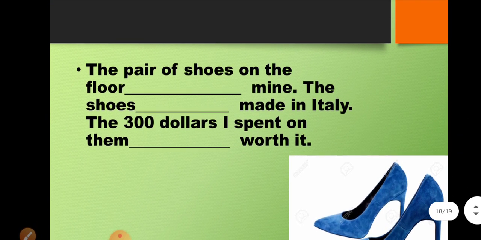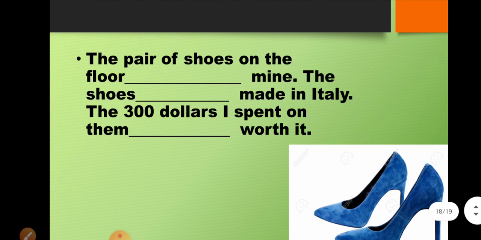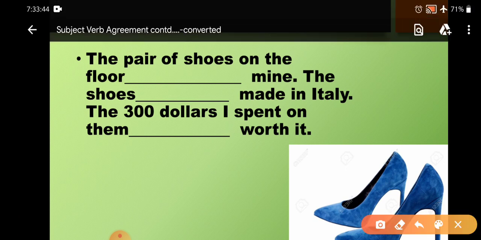Next one. The pair of shoes on the floor dash mine. The shoes dash made in Italy. The $300 I spent on them dash worth it. So now here what are we referring to?